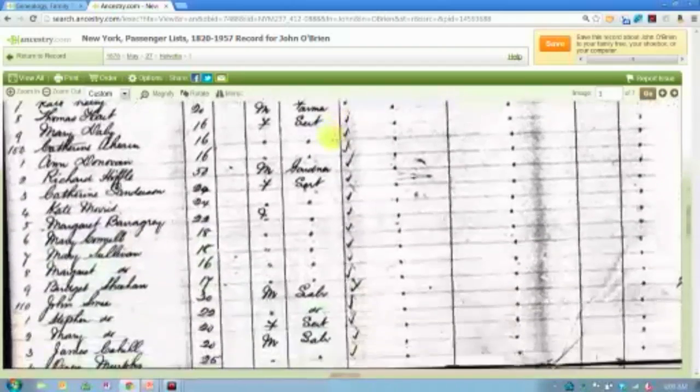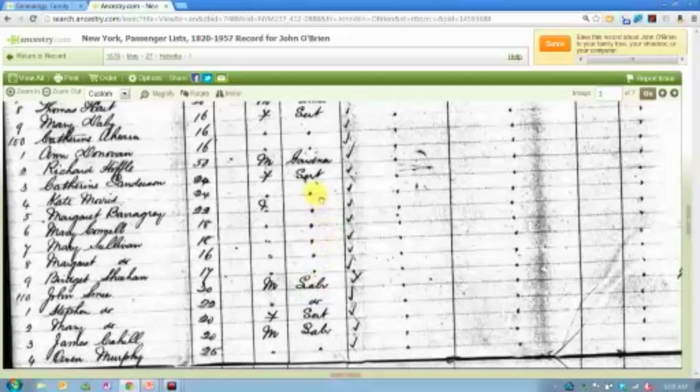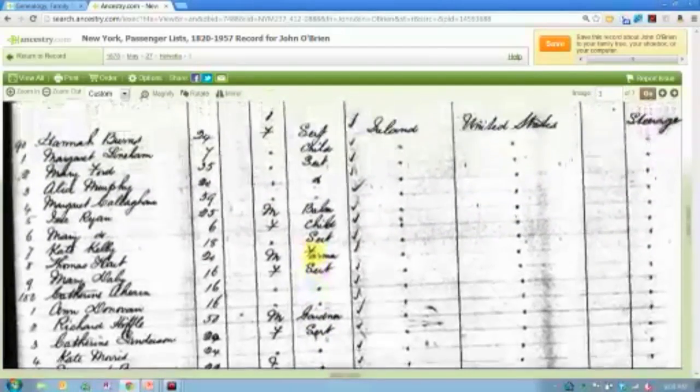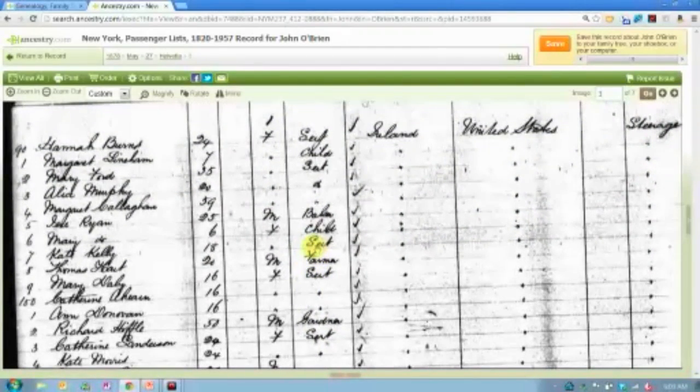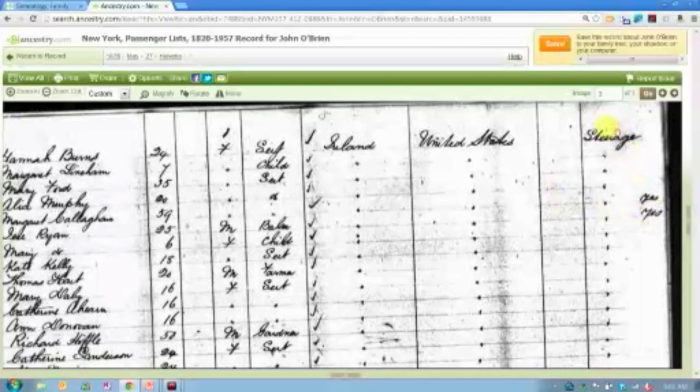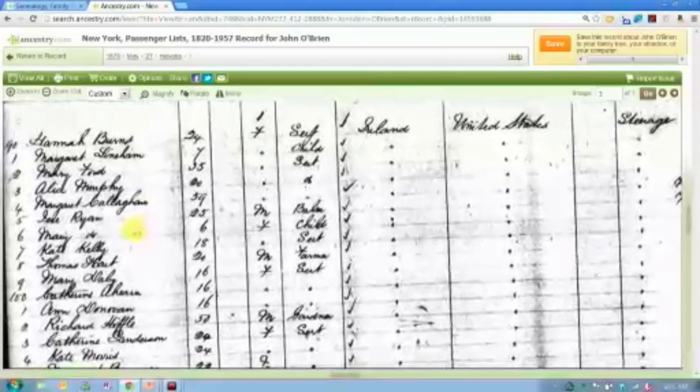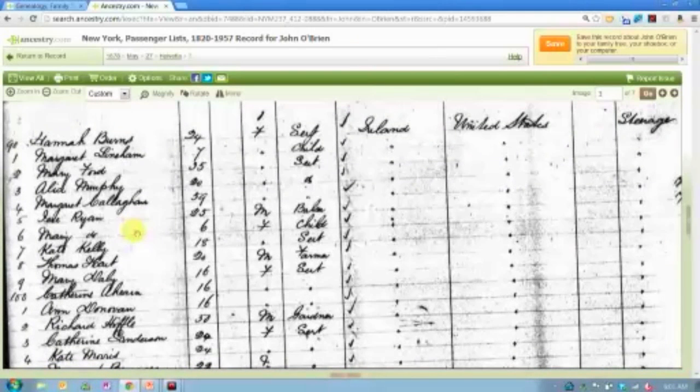I think on this page there's a whole list of laborers, but that will help you differentiate between your ancestor who may have had a trade as opposed to being just a laborer. It'll list their birthplace, where they're headed, and then what class of passage they were brought over as. So again, really limited information on these late 1800s passenger lists.